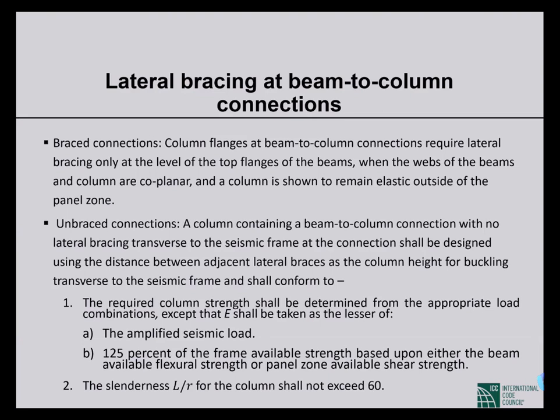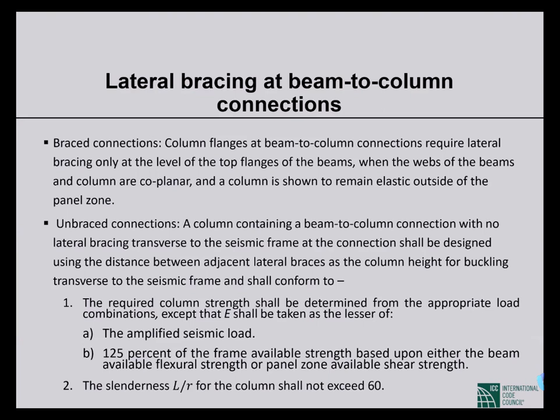A column containing a beam to column connection with no lateral bracing transverse to the seismic frame at the connection shall be designed using the distance between adjacent lateral braces as the column height for buckling transverse to the seismic frame and shall conform to other conditions in there.